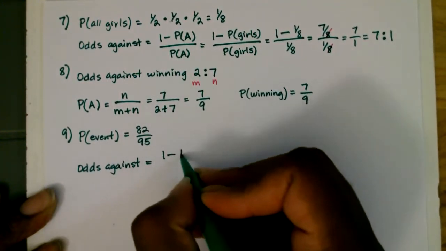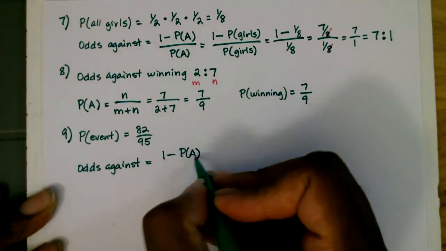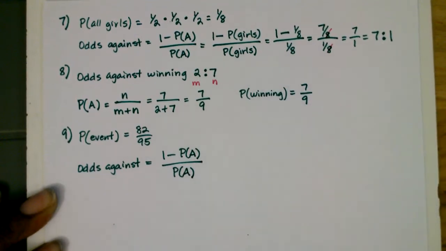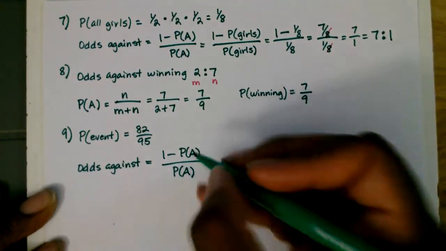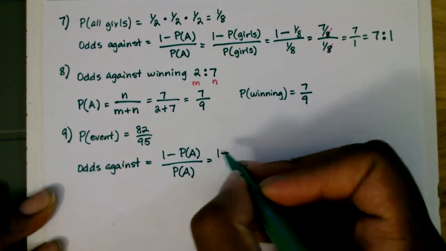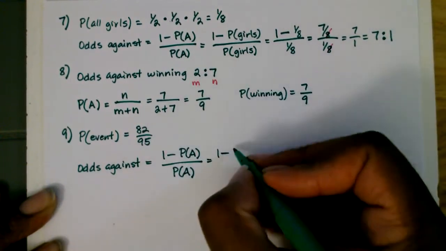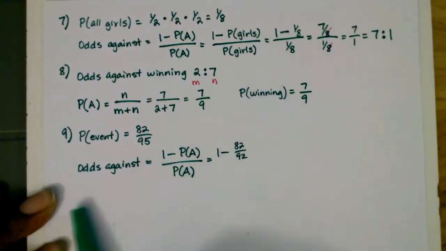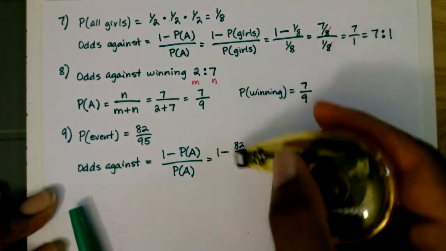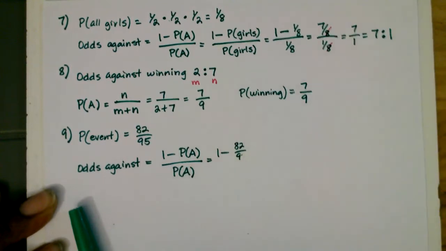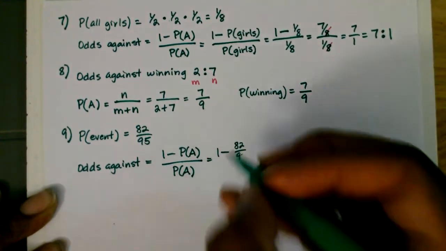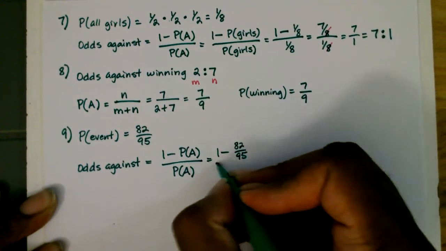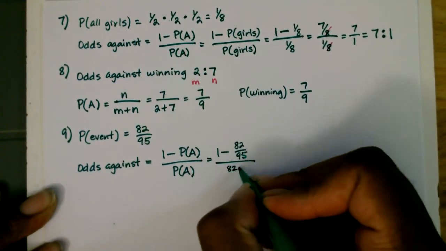So that's always 1 minus the probability of the event A happening divided by the probability of the event A happening. So in this case here, the event happening would be 82 over 95. So it'll be 1 minus 82 over 95, divided by 82 over 95.